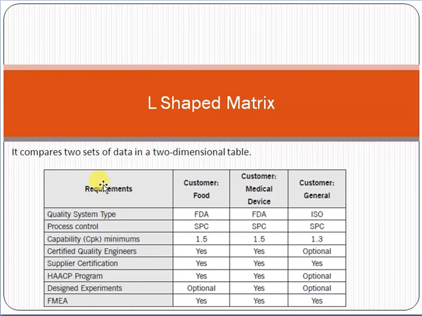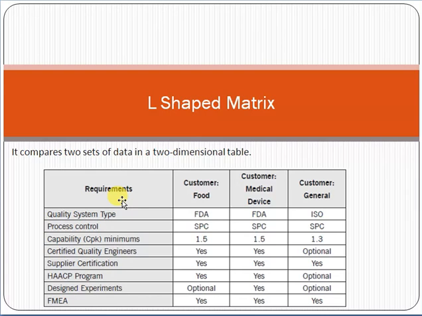Two-dimensional table means that there are the requirements, and these are the customers, for example customer food, customer device, customer general. So the L-shaped matrix basically gives you the capability to compare two sets of requirements. Two sets of things you can compare with each other, and you can reach some decisions.